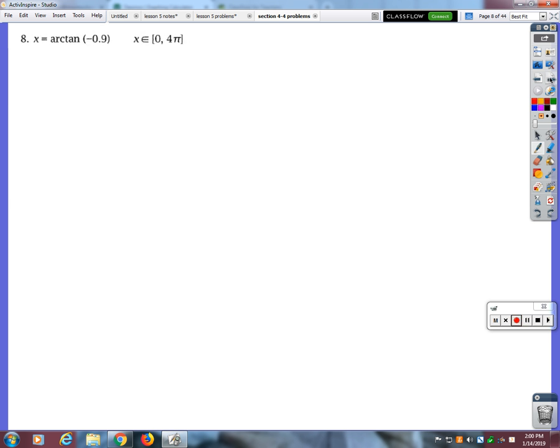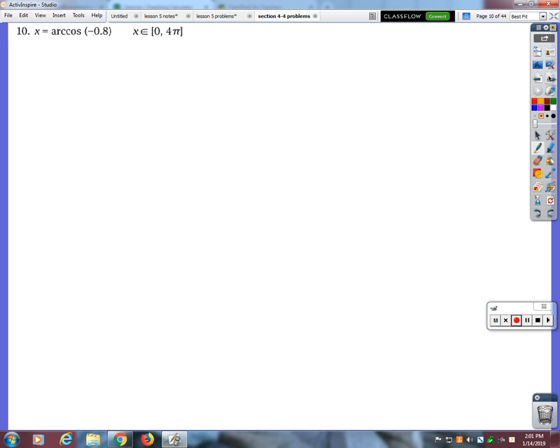All right, so number 10 says find the values of the arc cosine of negative 0.8 that are in between 0 and 4 pi. So first question, what mode are we in? Radians.